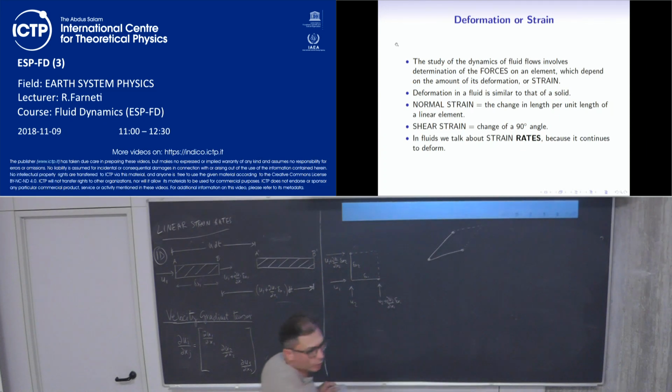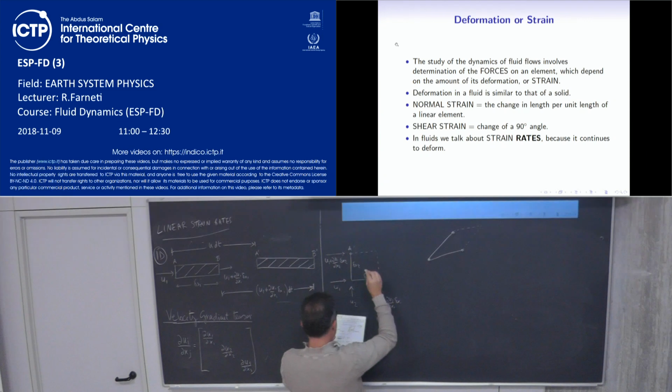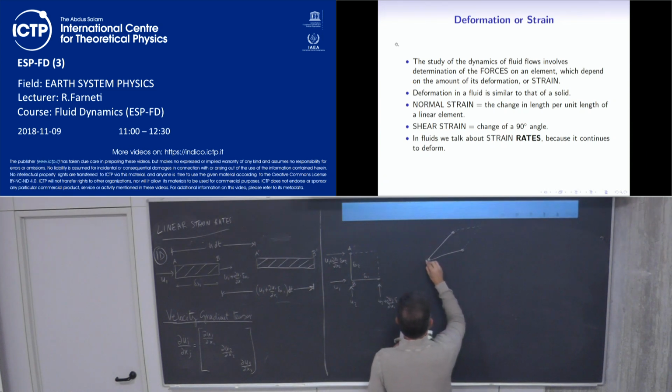Now the element of fluid was subject to a shear and it deformed. So this was A and this was B. Now I have B here and A here.